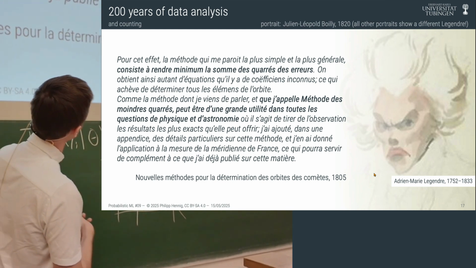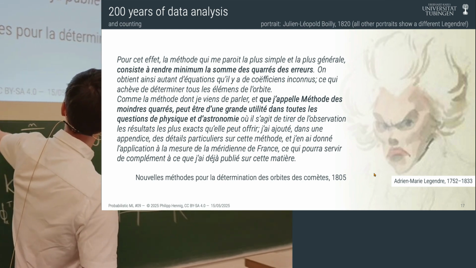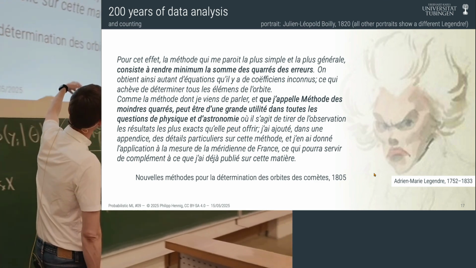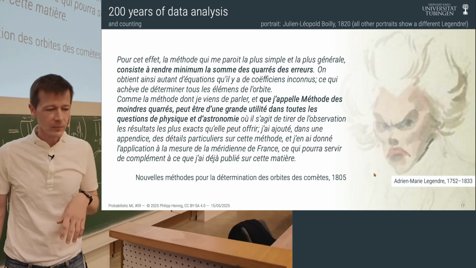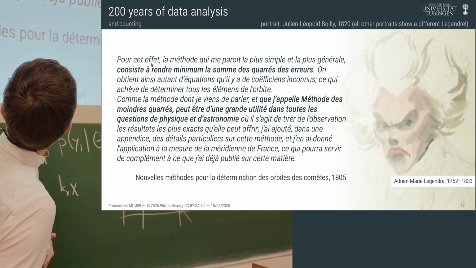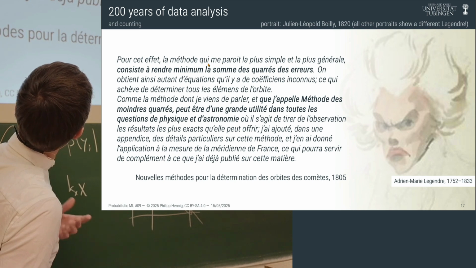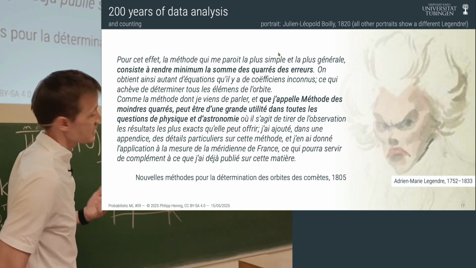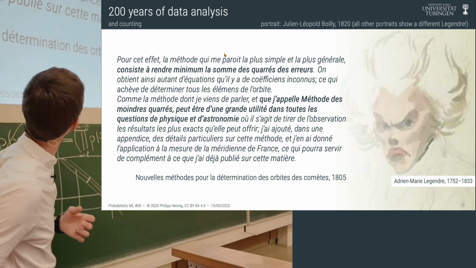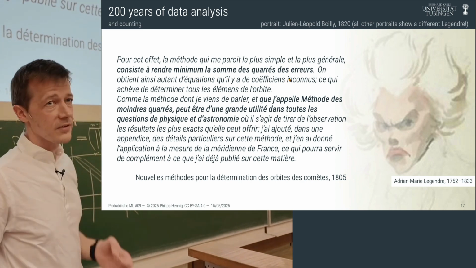And in 1805, he published a treatise on new methods for the determination of the orbits of the comets. And you can read this here in the original French. The important thing is, he says, the method which has to be the simplest, the most general among all of these, consists of minimizing the sum of the squares of the errors.